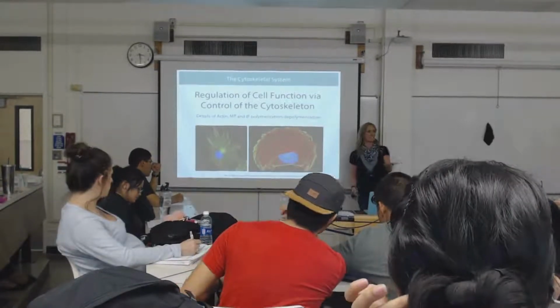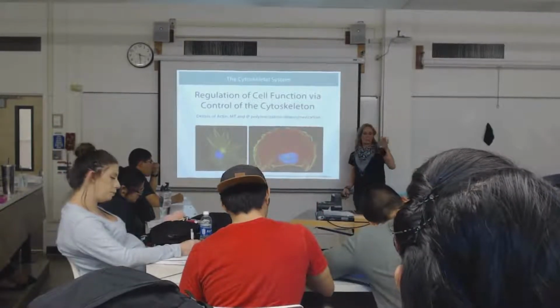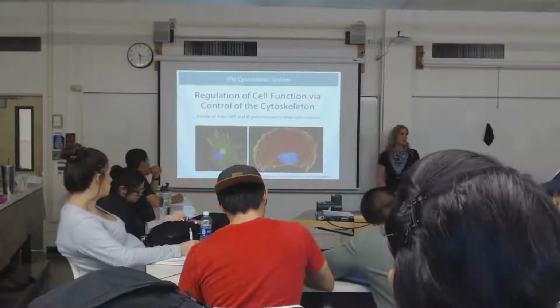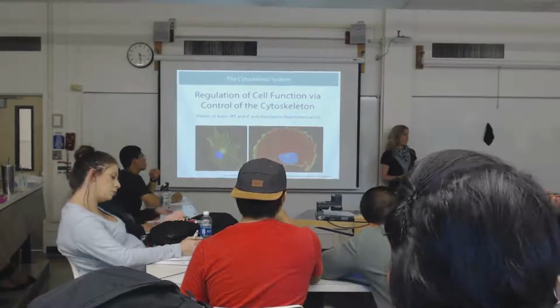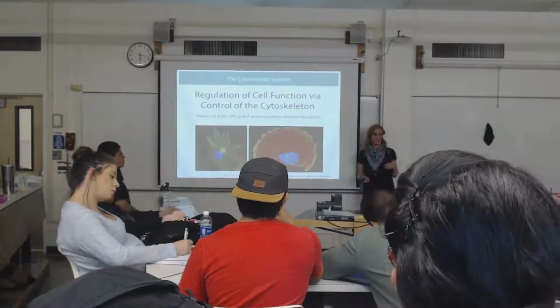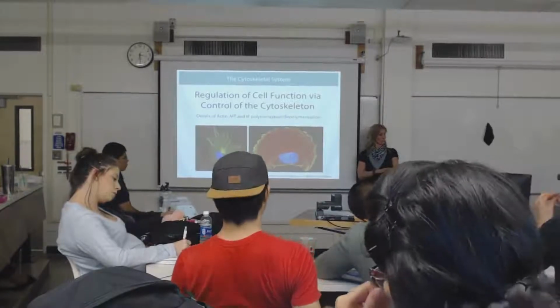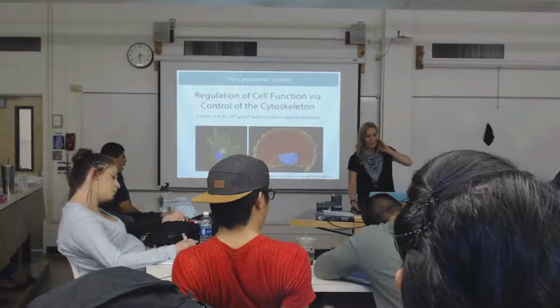There is vimentin, a type of intermediate filament specific to mesenchymal cells, connective tissue cells. There's keratin in your hair and nails, and in the stratified squamous epidermis layer. Remember all that terminology? That's keratin, the intermediate filaments.